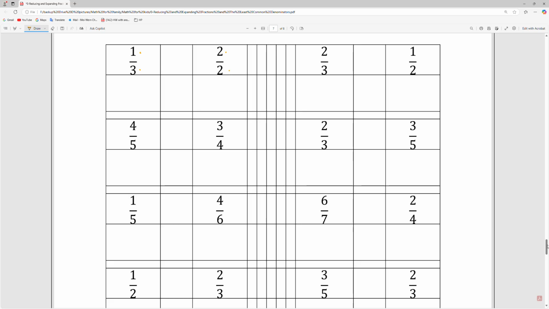Okay? So 1/3 means you cut into 3 pieces and shade just one. And the 2, you want all that. So basically this is one whole thing. And this is just 1/3. Obviously this is bigger. When you draw a picture, you believe it.